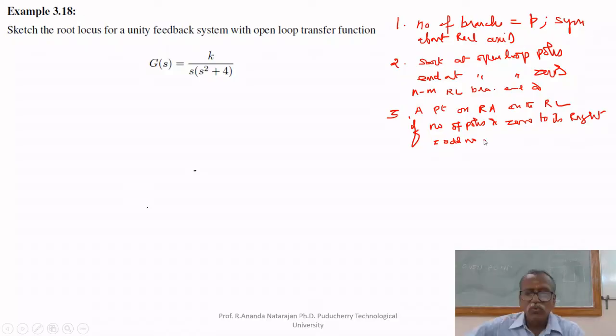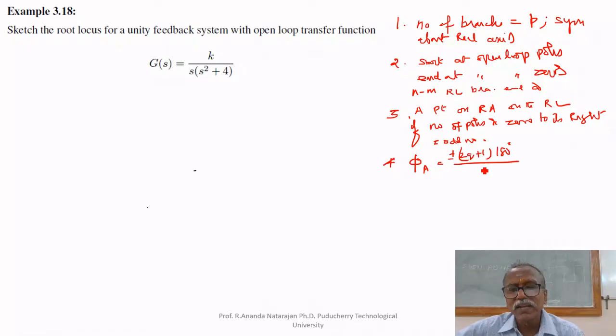That is third rule. Fourth rule says the angle of asymptote phi a equal to plus or minus 2q plus 1 multiplied by 180 degree divided by n minus m. Fifth rule says sigma a, that is point of intersection of all these asymptotes.